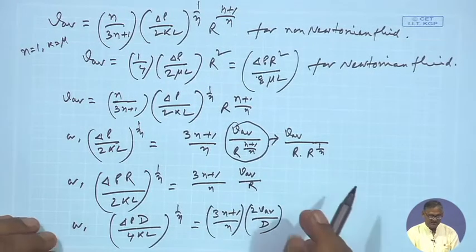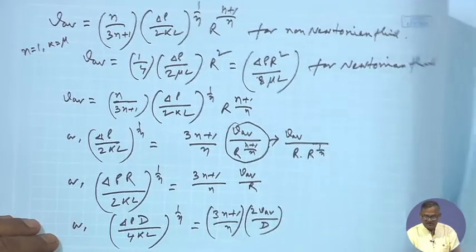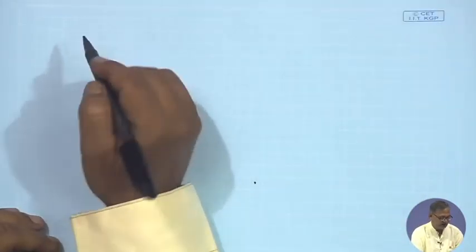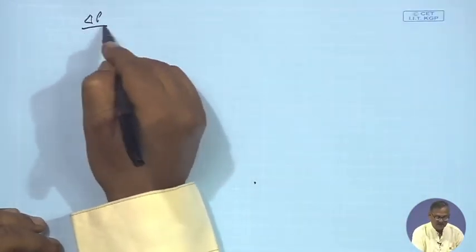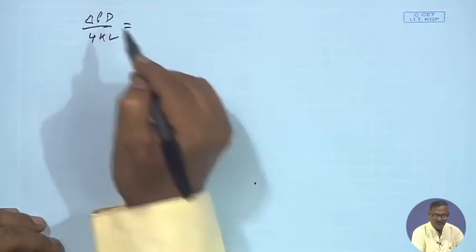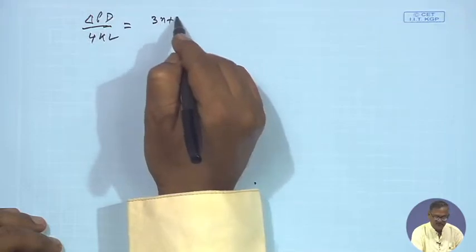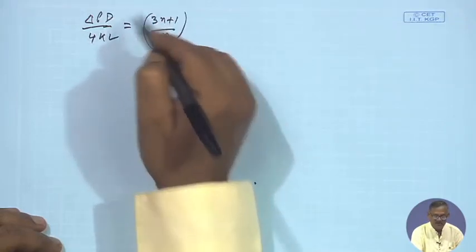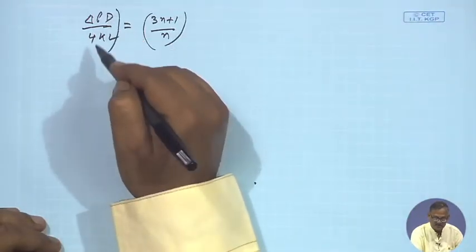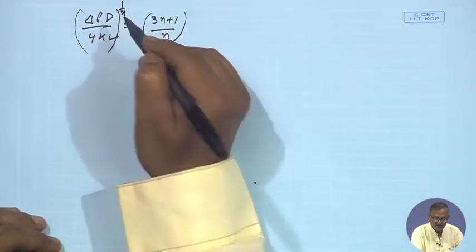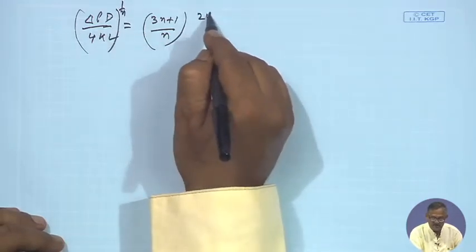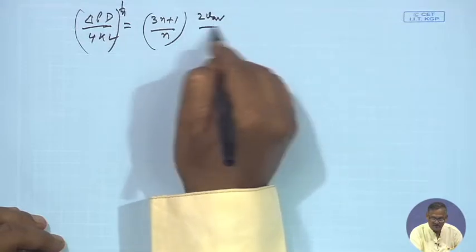This is true. Now, this we can rewrite as delta p d by 4 k L equals (3 n plus 1 by n) times 2 V average over d.